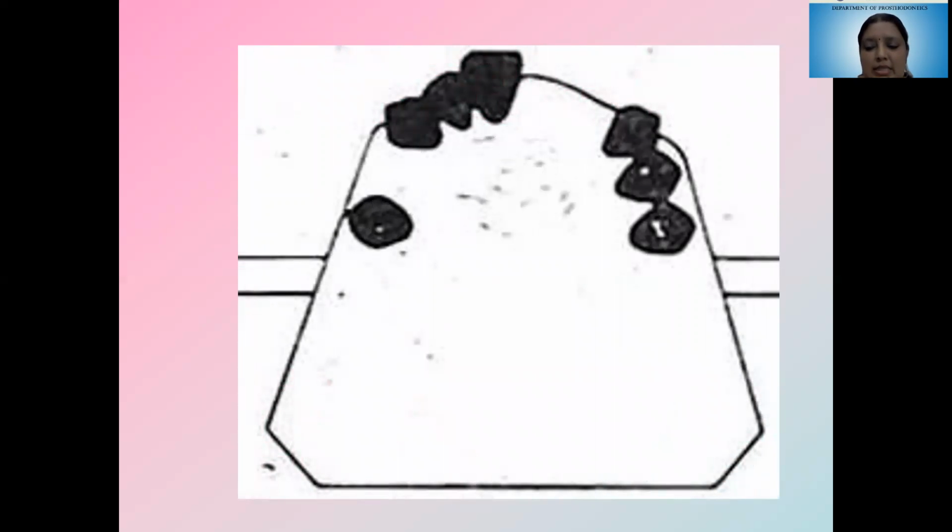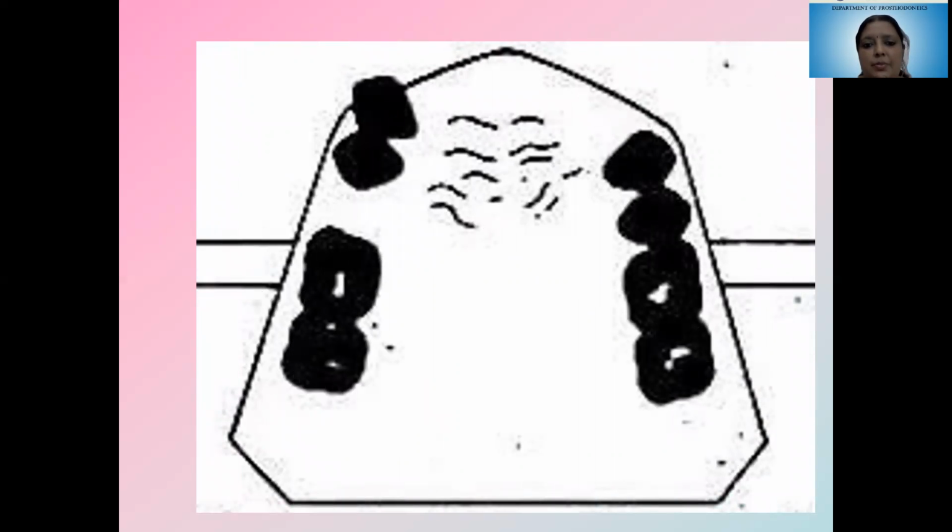Now, when you look at this situation, here the posterior teeth are missing. It's bilateral, so it is Kennedy's class 1. There are 2 other modification spaces, so automatically it becomes Kennedy's class 1 modification 2. Here you see the posterior area is Kennedy's class 3 and anteriorly there is one edentulous space.